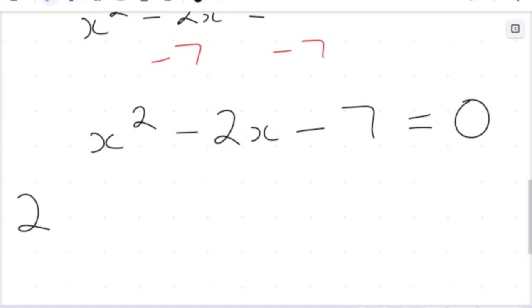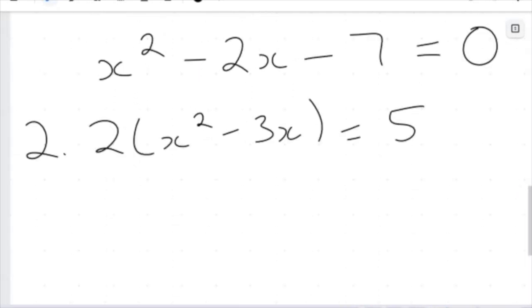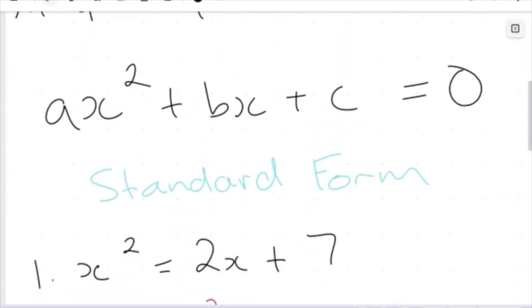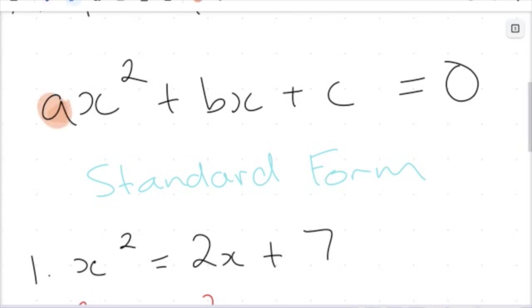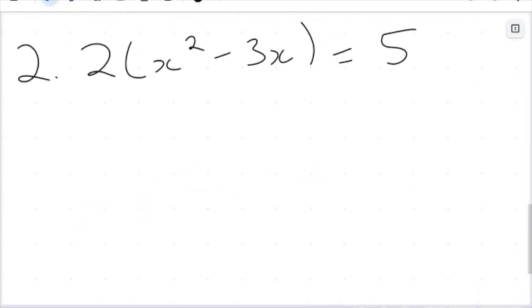Alrighty. So, question 2. I have 2 outside of x squared minus 3x equals 5. And I want to get this in this kind of form, right? I want all these coefficients in front of my terms separately. So this kind of looks a bit messy. So I want to kill these brackets here by expanding out.